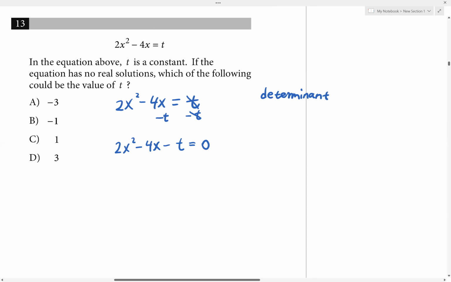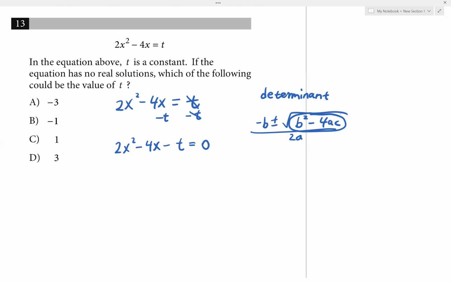Remember, under the quadratic formula, there's a part under the square root. If you recall, the quadratic formula is negative b plus or minus the square root of b squared minus 4ac, all over 2a. The part under the square root is called the discriminant. And this tells us how many solutions we have.